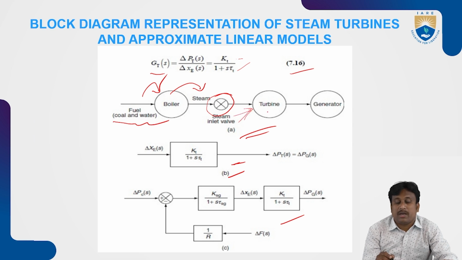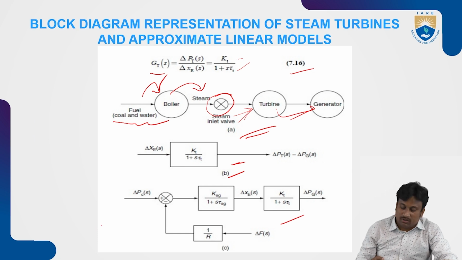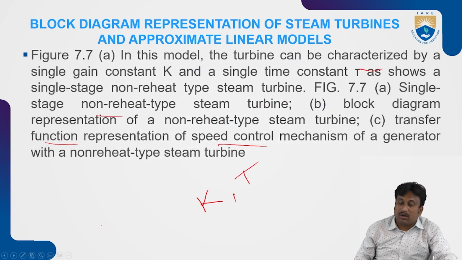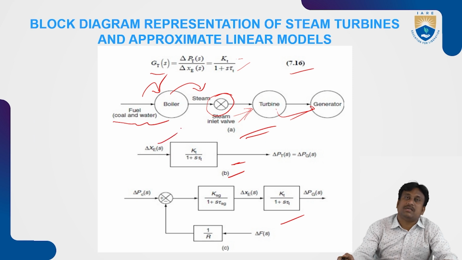The turbine takes the steam input and rotates the generator at constant speed. Likewise the process model of the turbine takes place. The second block represents the non-reheat type steam turbine, and its transfer function is represented in terms of delta Xe(s).